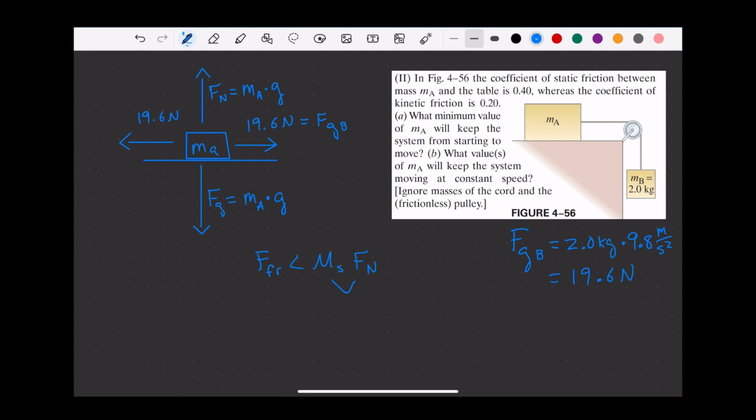So let's say that this was equal to 19.6. What would that normal force have to be? Because normal force right now is just in terms of the mass of A and gravity.